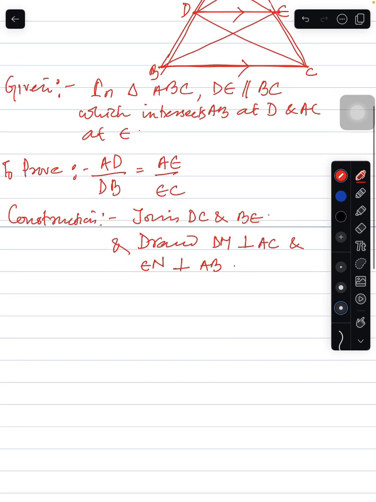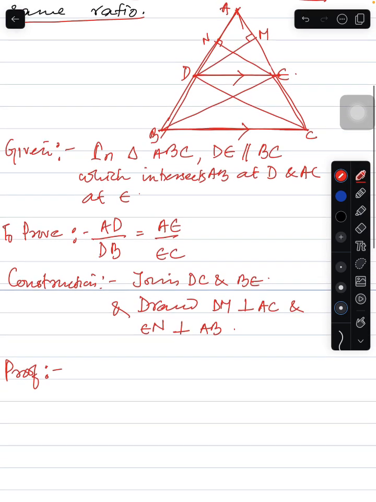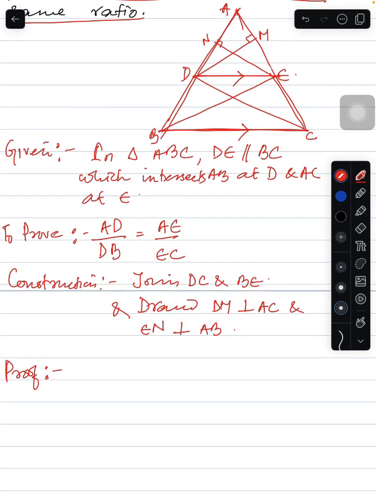Okay. Now we'll start proving. Proof. So what you will have to do is first take this small triangle. Just adjust, because I don't have a scale here.